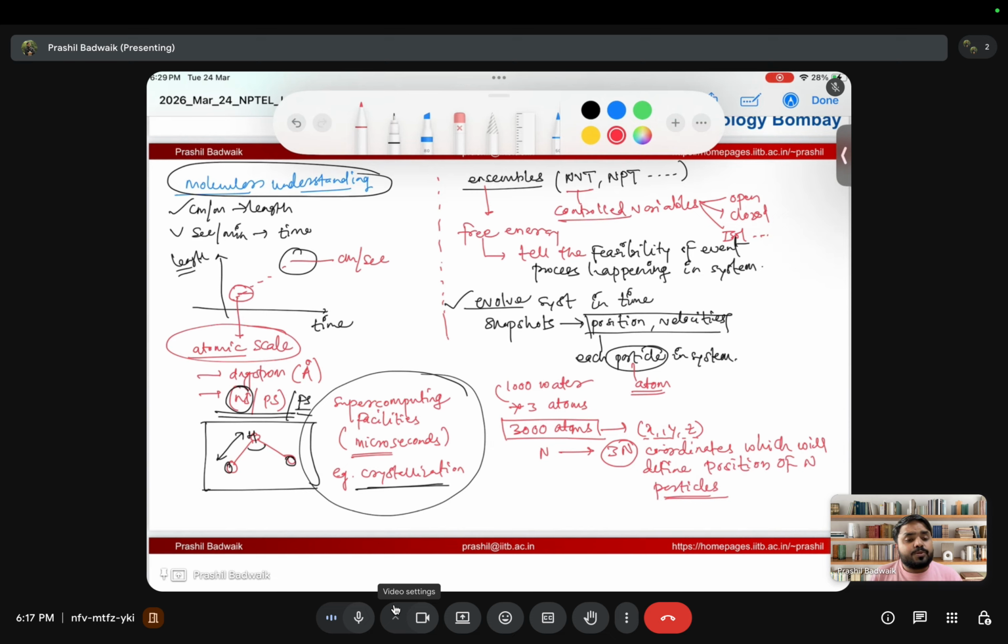Now the question to you is, in that particular state these particles will have some velocity which will give you the positions in the new microstate, new snapshot. So how many velocities will be there? Please let me know.